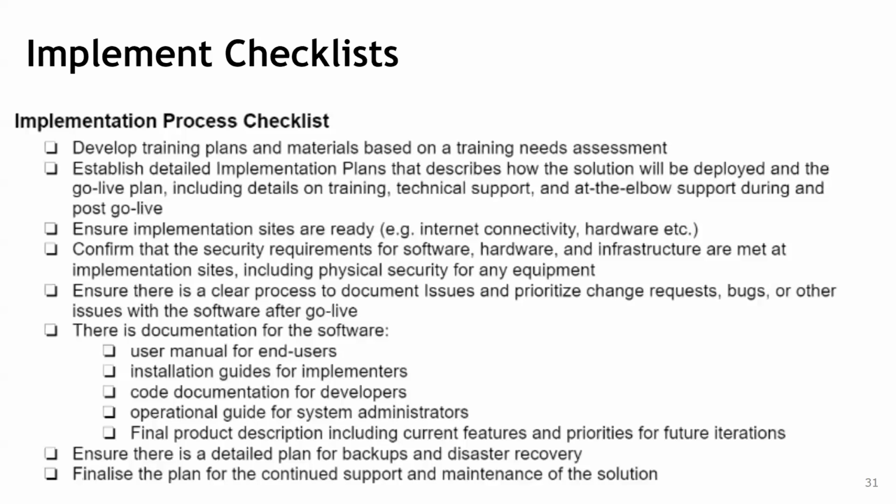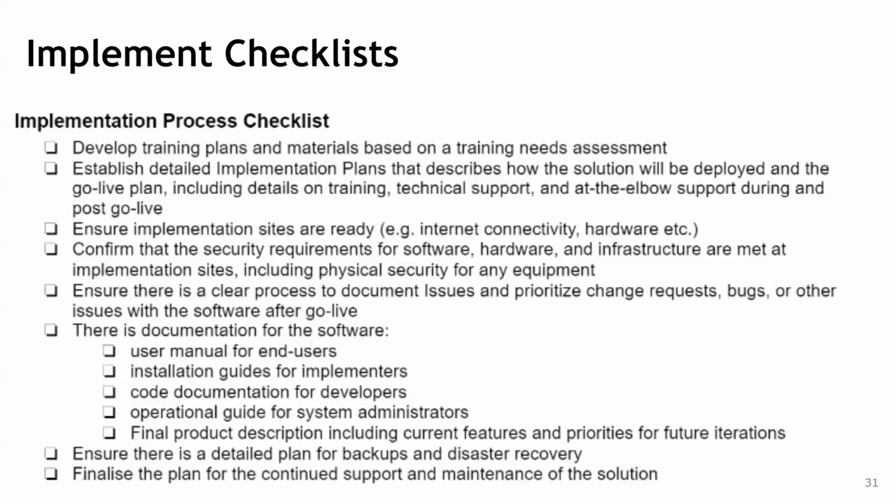And also ensure that sites are ready for implementation. You might find that you are not only working with one site, there are multiple sites. It might be for your region, you might be deploying in 30 facilities. You can't just use one facility, for example. You must go to all of them to ensure that everything is ready. There's the connectivity. If there's a network needed, ensure it's installed.